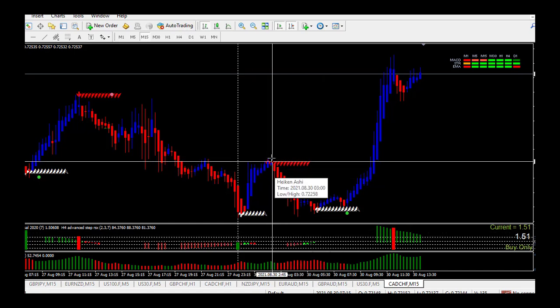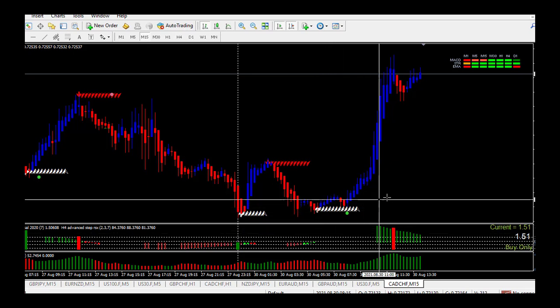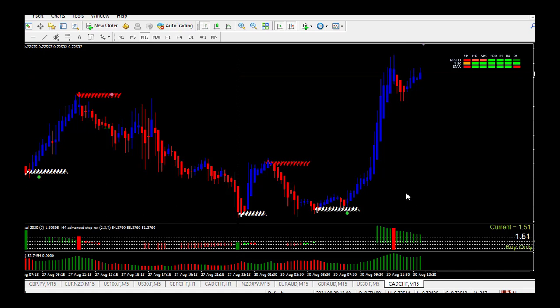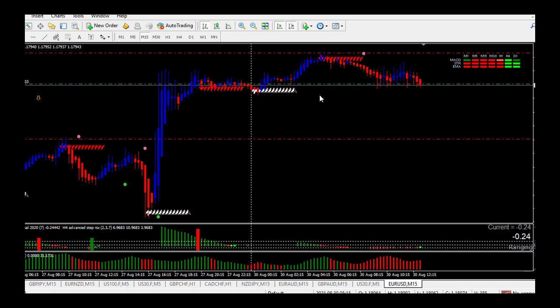Though we have a pullback, we finally have a good run here. And here now we have another signal, but we are waiting for other indicators to be in agreement. And yes, Euro USD again for itself. This is number one. Then this dot arrow actually gave us a sell signal.